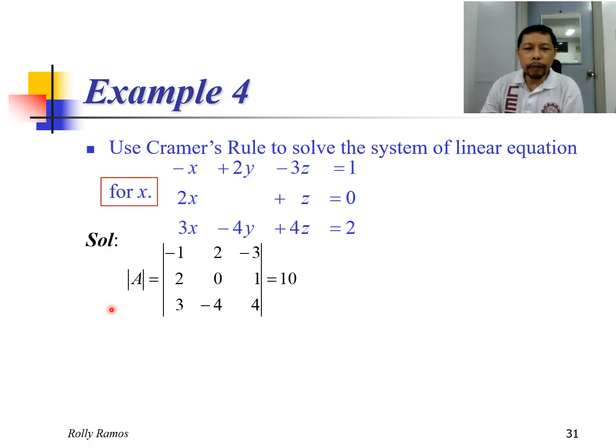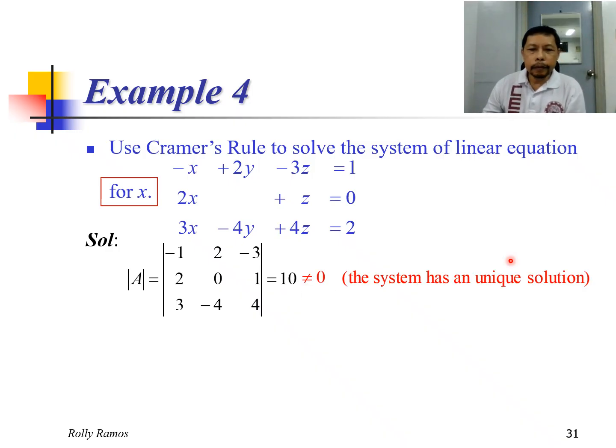The coefficient matrix A has the coefficients of the equations: -1, 2, -3, 2, 0, 1, 3, -4, and 4. Then take the determinant of A, which is found to be 10. So A is invertible, and there is a unique solution for this linear system.